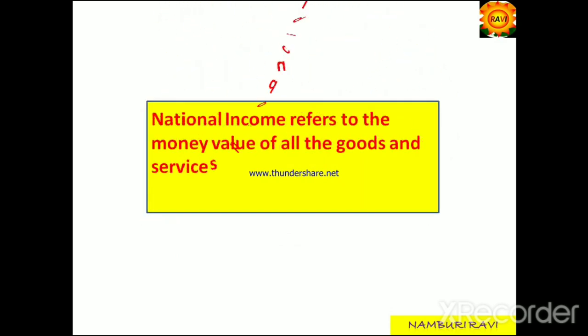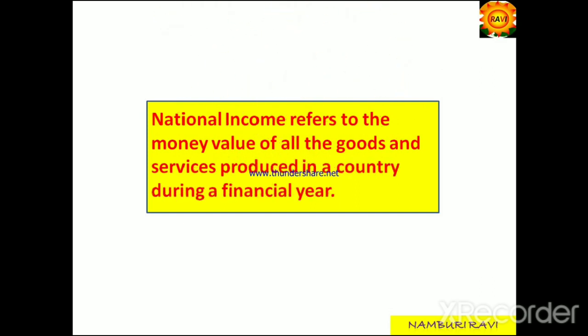Now we can learn about what national income is, because a country's development basically depends on its national income. National income is nothing but the GDP, gross domestic product. National income refers to the money value of all the goods and services produced in a country during a financial year.